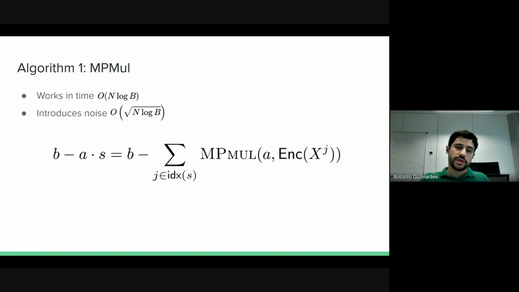If we go back to the multiplication algorithm, we can see that this algorithm works in terms of correctness. If I'm multiplying every monomial individually and then adding all of them, I have the multiplication of A times S. And since this algorithm that I just showed works in time n log b, this already gives us something that is asymptotically okay.